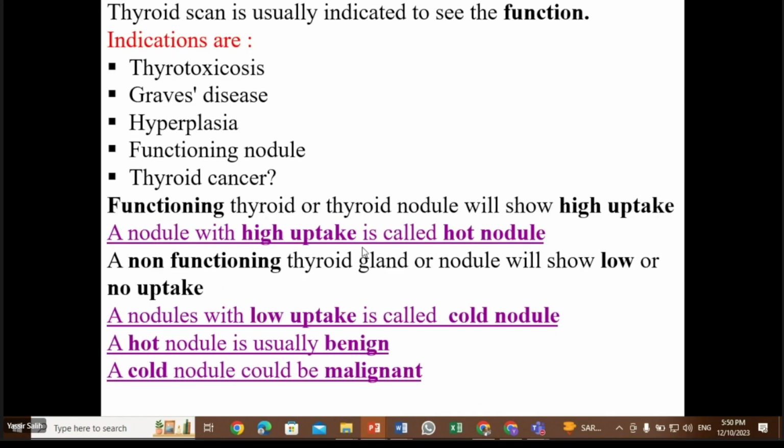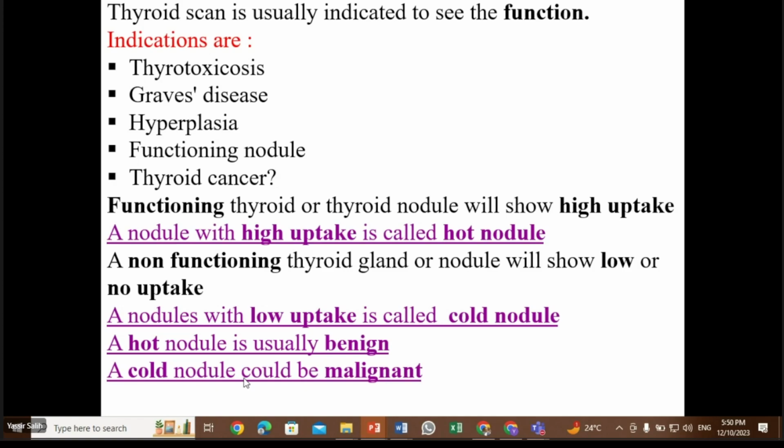In this slide, you have to know the difference between a hot nodule and a cold nodule. A hot nodule means high uptake, and a cold nodule means low uptake of the IV radioisotope. A nodule with high uptake is called a hot nodule. You must know that high uptake is hot and low uptake is cold.